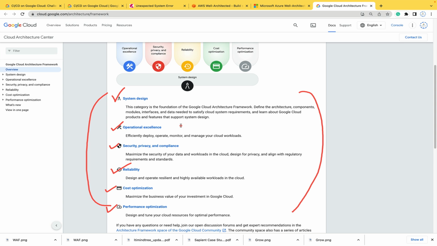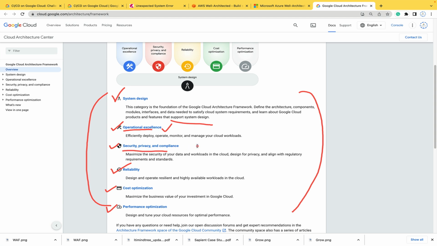This category is the foundation of the Google Cloud Architecture Framework, and defines the architecture components, models, interfaces and data needed to satisfy cloud system requirements, and lets you learn about Google Cloud products and features that support system design. Right. Then the next is operational excellence: efficiently deploy, operate, monitor and manage your cloud workload.